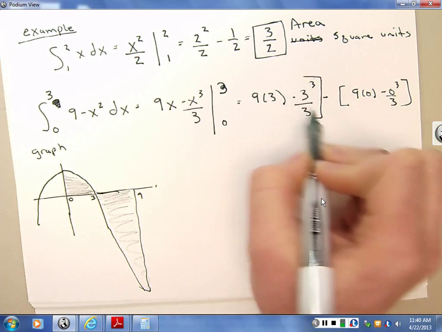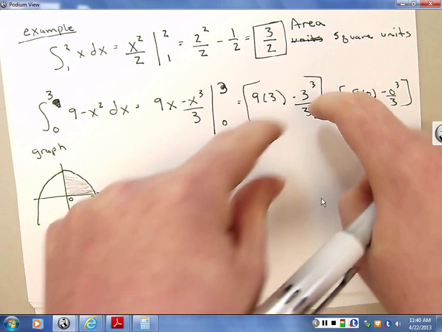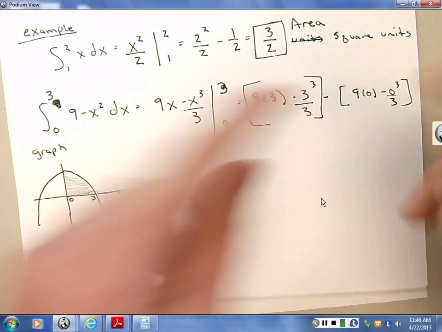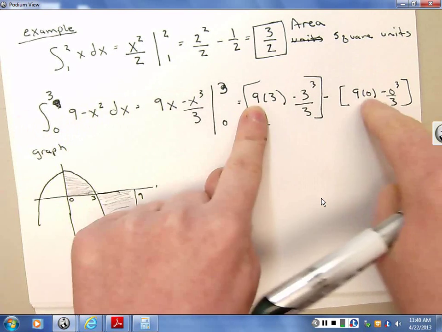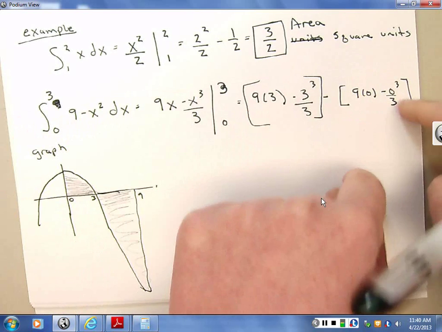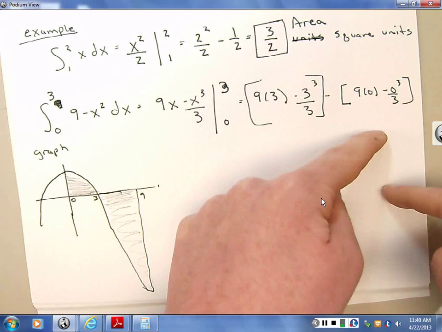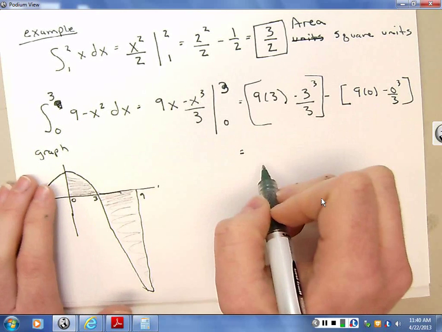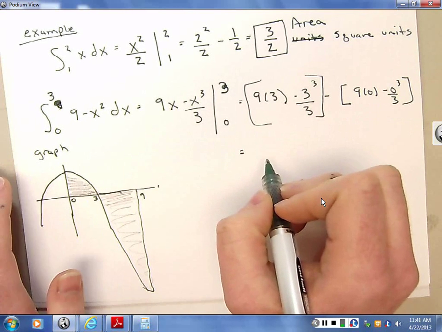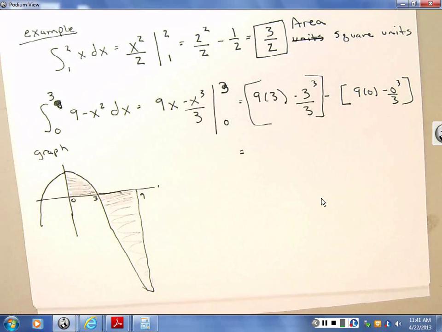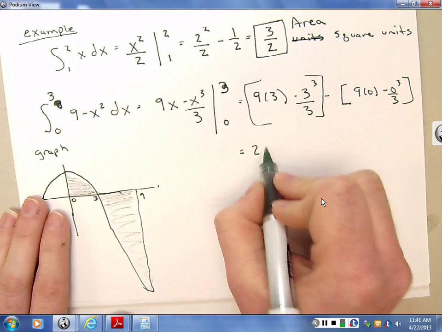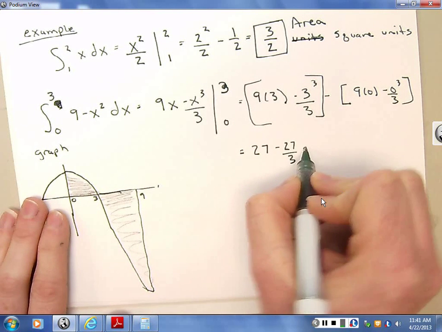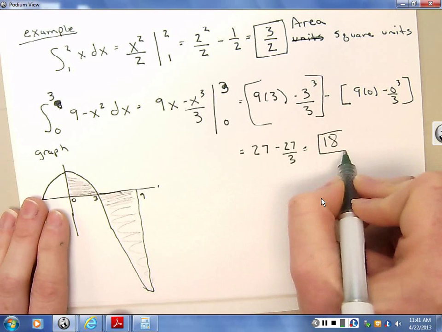I like to break these up so I know it's this number minus this number, because if you're not careful and you drop that, you can be adding numbers where you should be subtracting and subtracting where you should be adding. So here I get 27 minus 27 over 3, which would be 18.